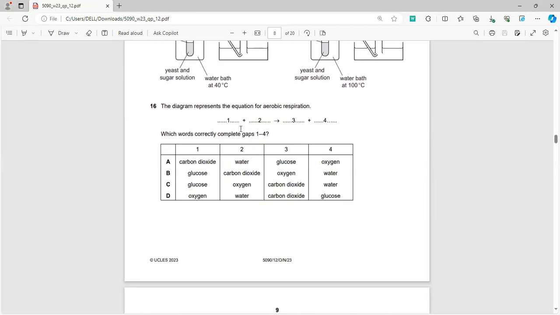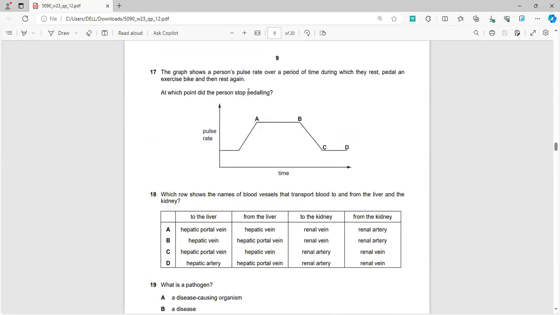In question number 16, aerobic respiration, what occurs is that we break down glucose with oxygen to make CO2. So with glucose, the only options which are fitting are B and C. So glucose and oxygen give CO2 and water. Now in question 17, they have shown a graph of the pulse rate with time.